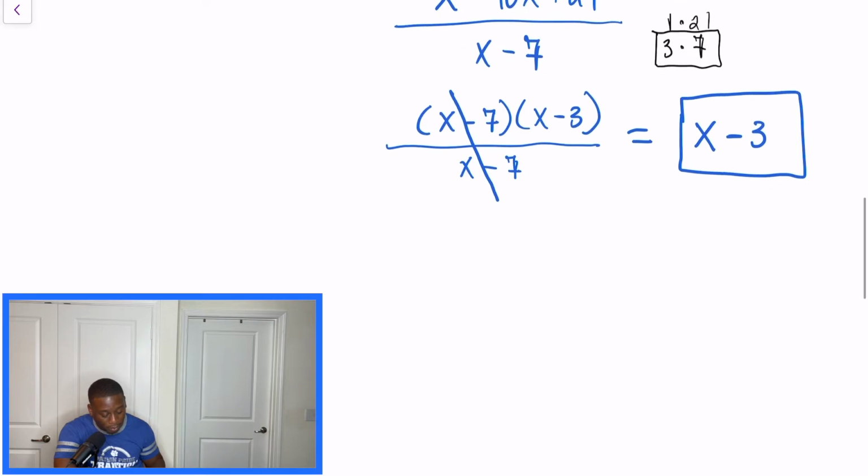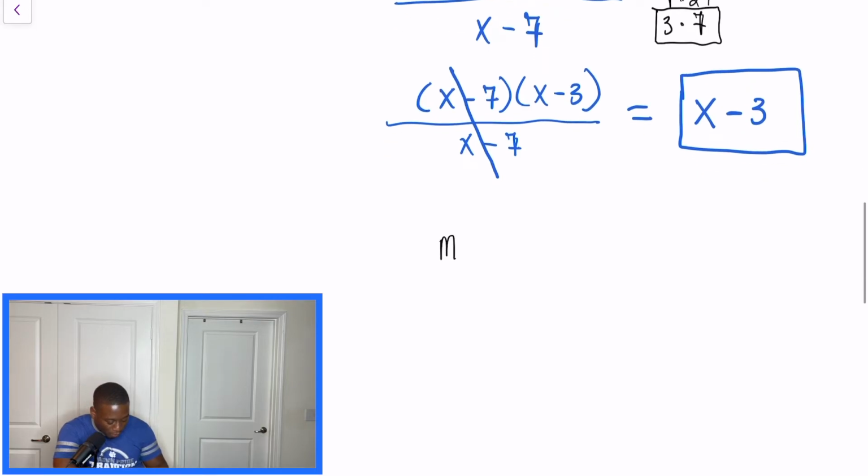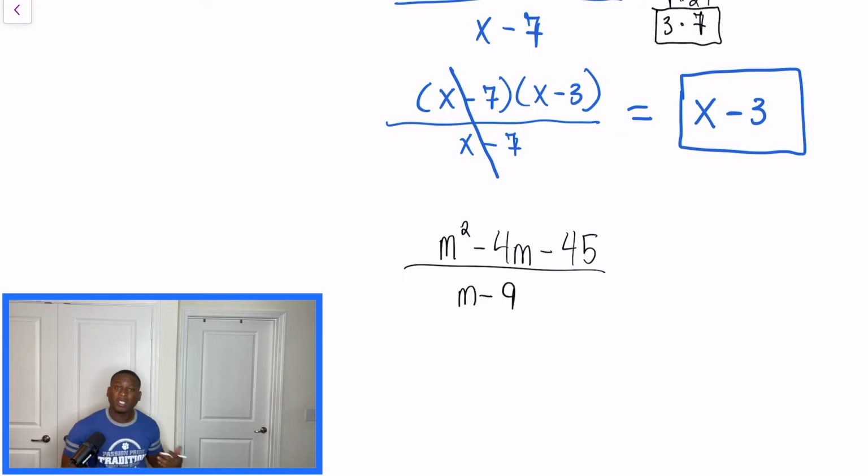So second problem, we have m squared minus 4m minus 45, and this is all divided by m minus 9. Same rules apply. We know we can't do anything more with the denominator, so we're going to focus on the top.